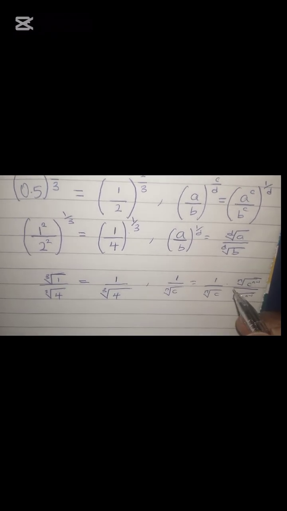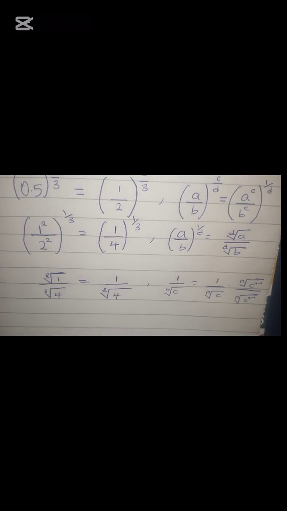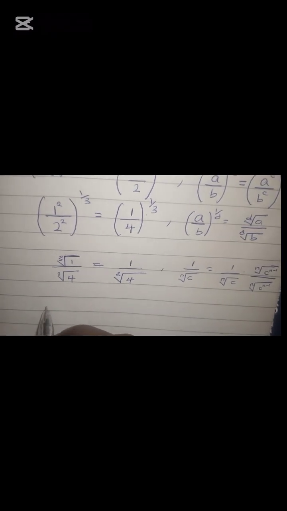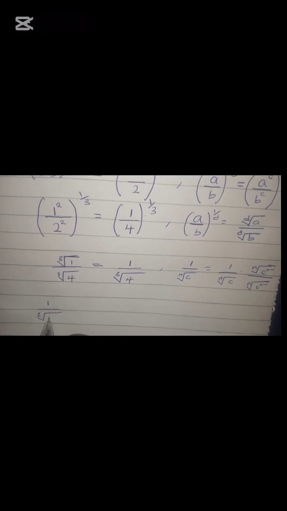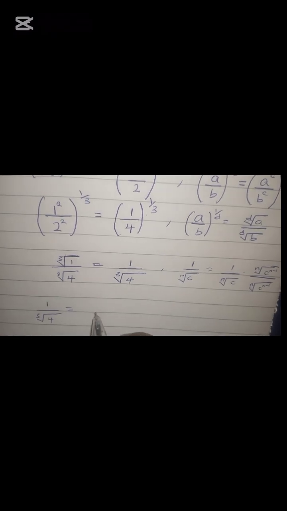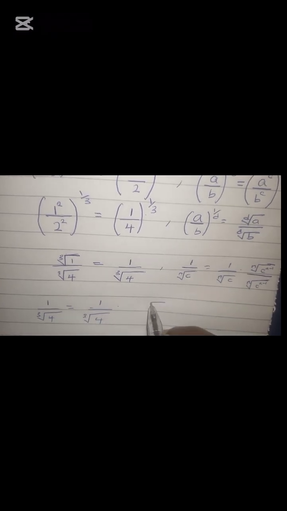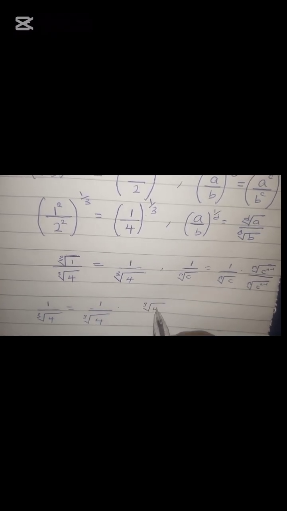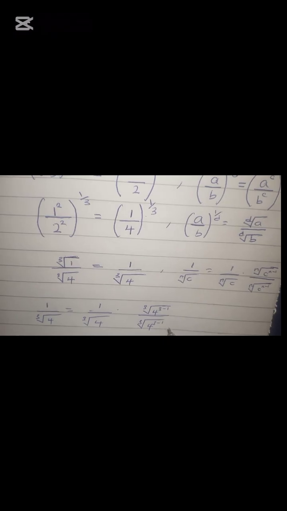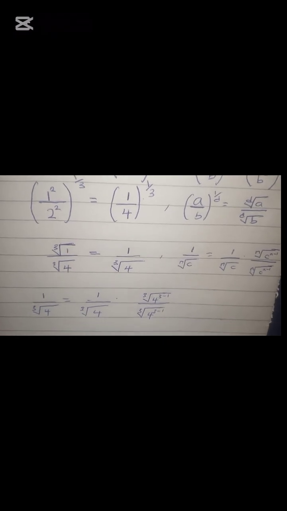If we put this rule at this part, we have 1 over the cube root of 4 equal to 1 over the cube root of 4 times the cube root of 4 to the power of 3 minus 1, over the cube root of 4 to the power of 3 minus 1. So this is what we are now having.